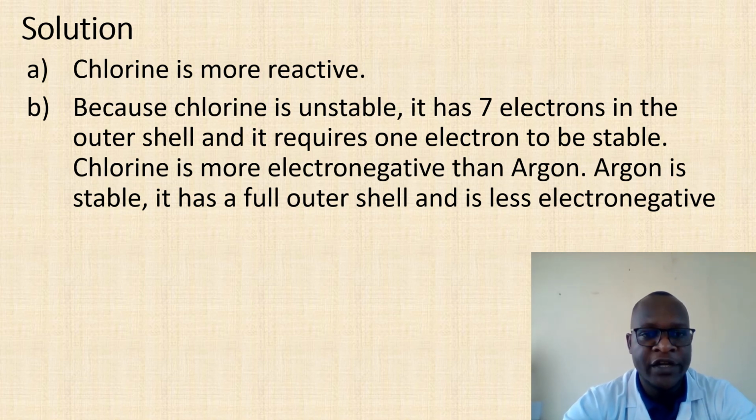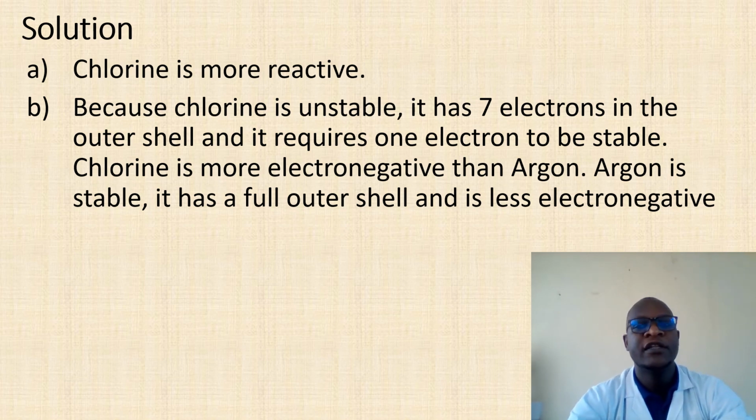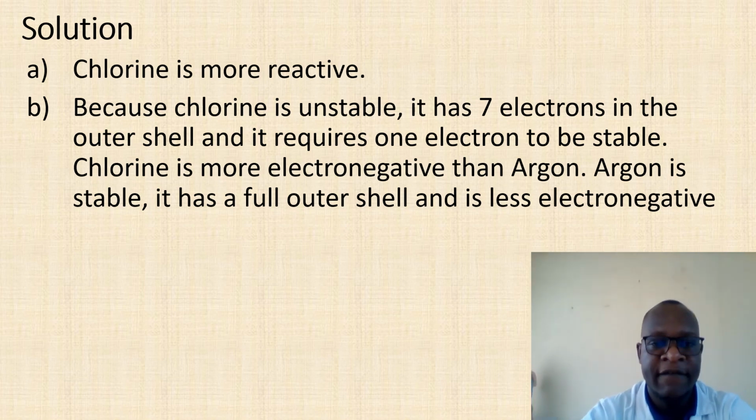Chlorine is also more electronegative than argon. Chlorine is highly electronegative. On the other hand, argon is stable. Argon has a full outer shell and is less electronegative.